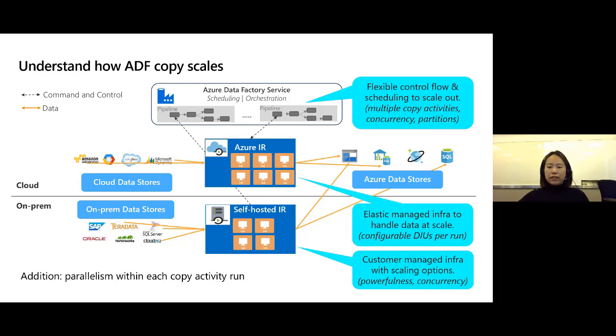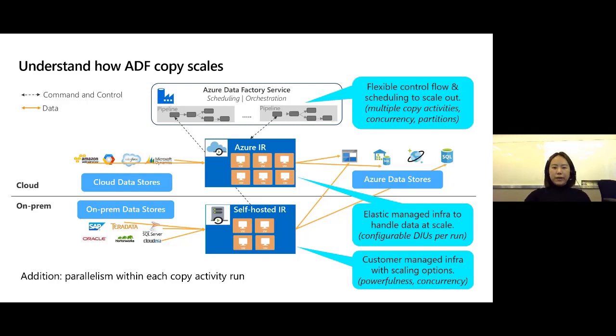While the job is running on the IR, as mentioned previously, you can configure the DIUs for the managed IR or the nodes for the self-hosted IR to scale the integration runtime. And you can also configure how much concurrency to run on the self-hosted IR. Then within each copy activity, as mentioned previously, we also have parallelism within each copy activity run so as to read the data in parallel as well.